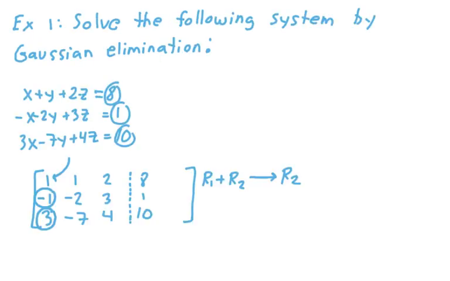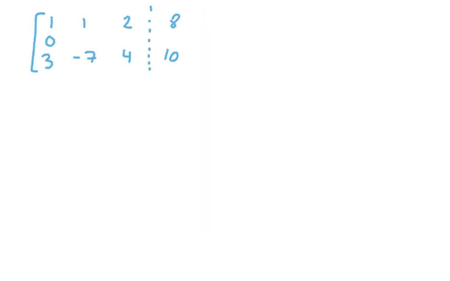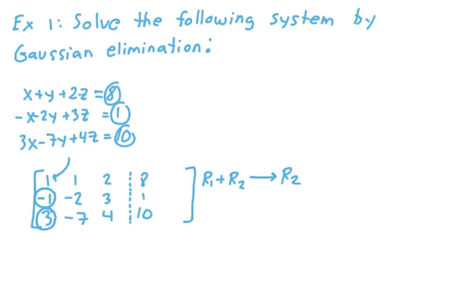If I go entry to entry, 1 minus 1 is 0. 1 minus 2 is negative 1. 2 plus 3 is 5. So I get 0, negative 1, 5, and then 9. I hope that's okay, because 8 plus 1 is 9.